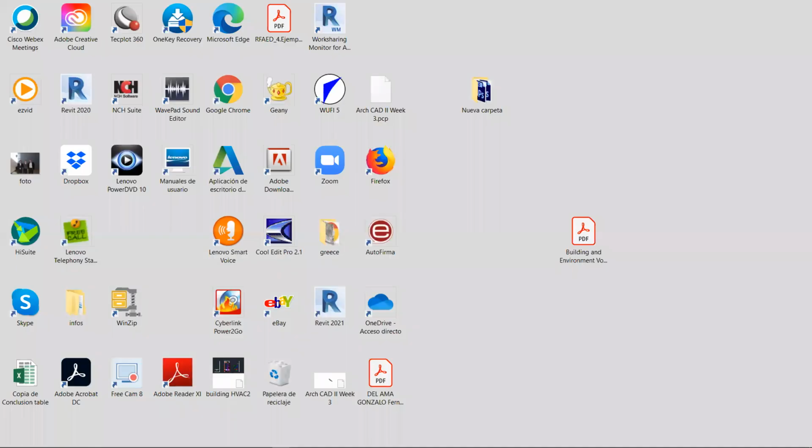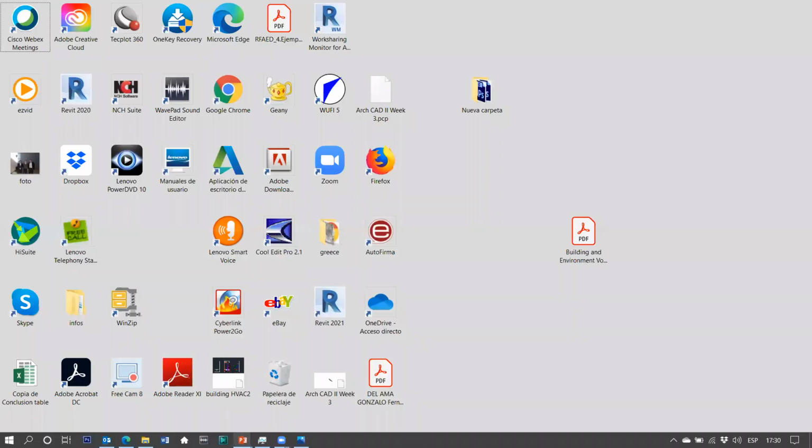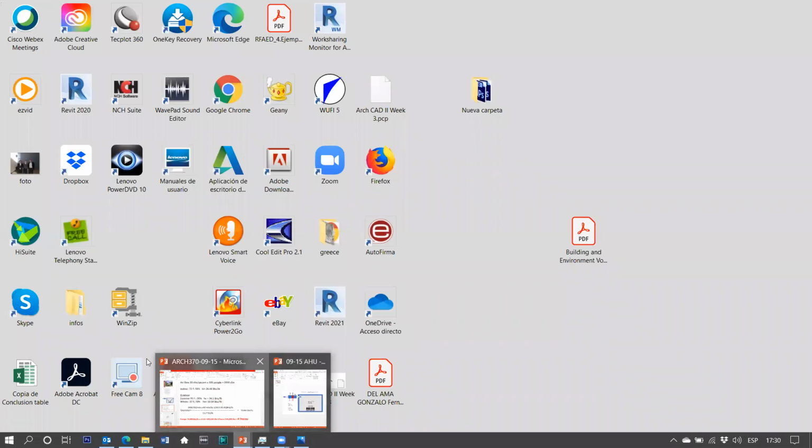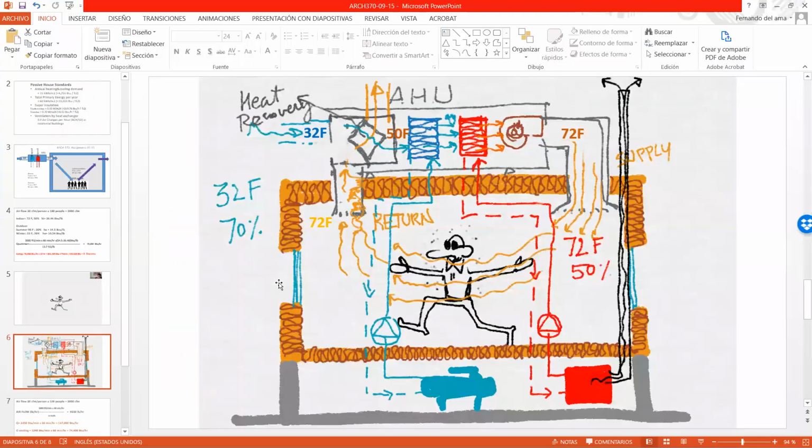Okay, so today we have been explaining this, the idea of supply and return and the heat recovery. So on Thursday, we are going to use the psychrometric chart to calculate this option and to find the energy savings that we can have here.